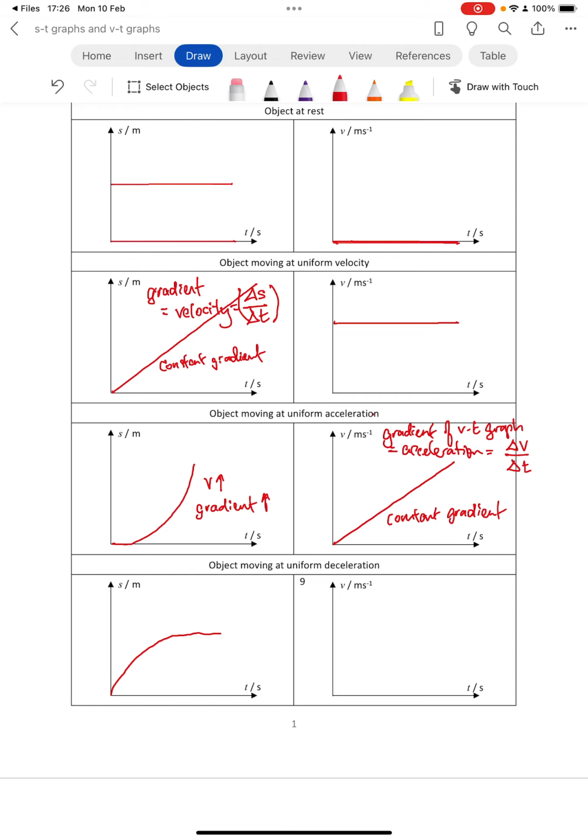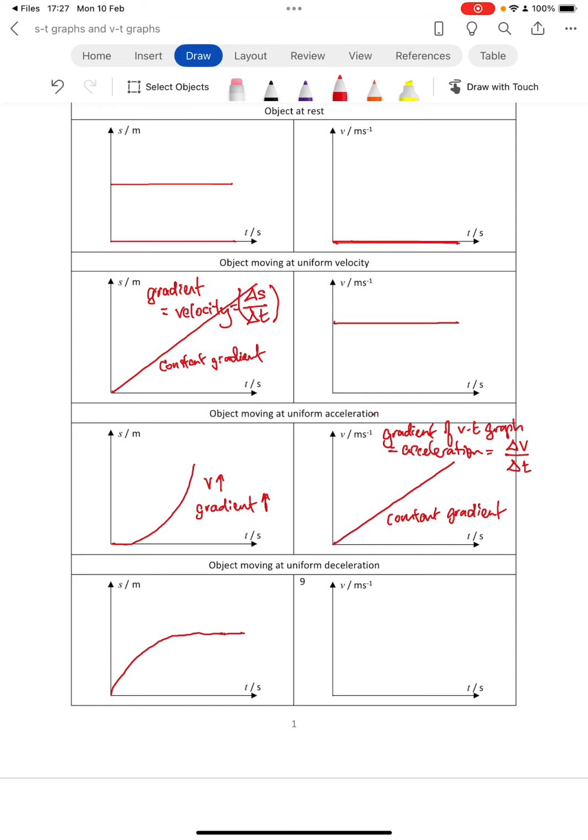I didn't draw the last part very well. It should be a horizontal line at the end, right? Because when it is moving at uniform deceleration, eventually it will slow down until it is stationary. So eventually, the object will stop moving, and therefore you reach a horizontal line, which means that object is stationary.